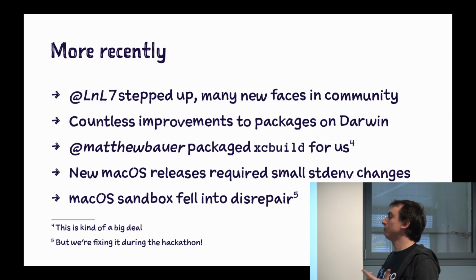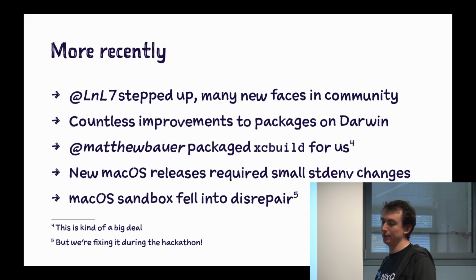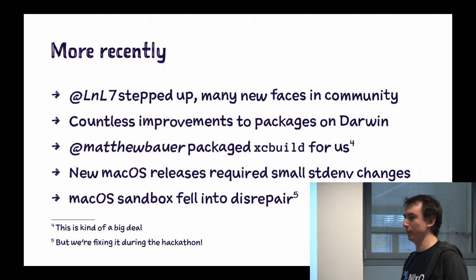One thing I didn't mention earlier is that the standard env, which I call pure, is slightly less pure than the Linux standard env, fundamentally because Apple doesn't want to commit to a syscall ABI for making syscalls to the kernel. And so they occasionally change the mechanism of how that works.